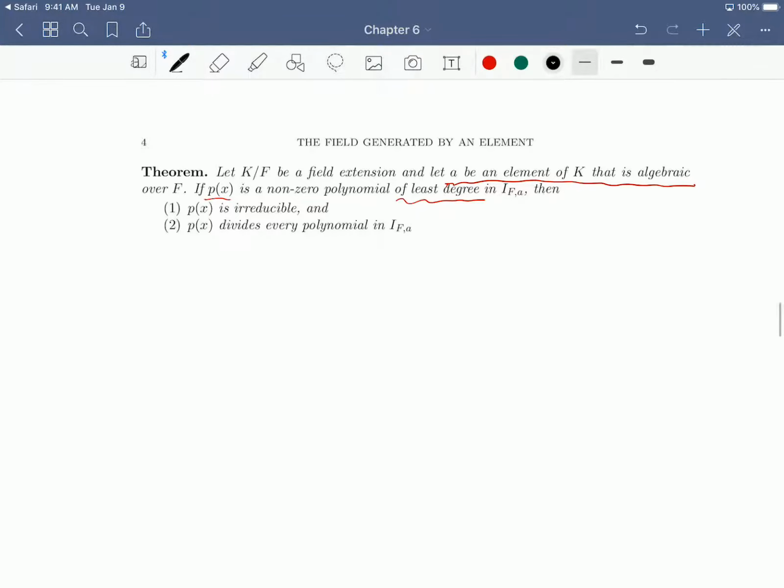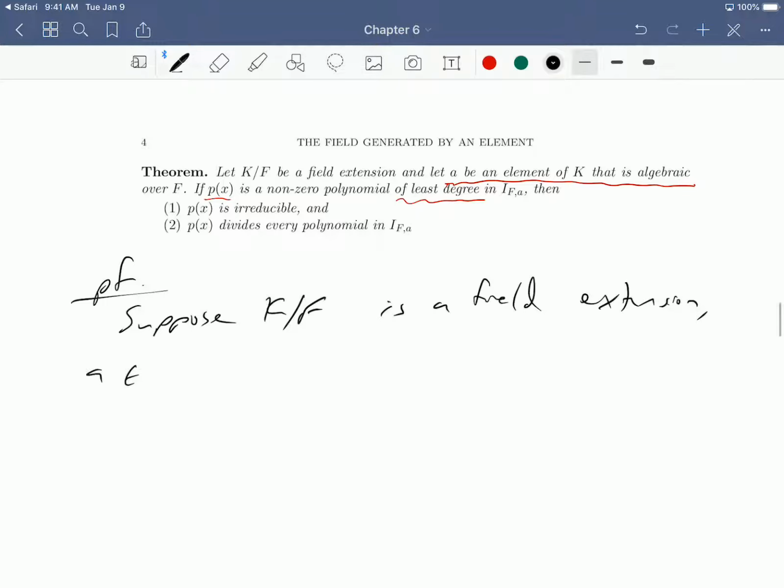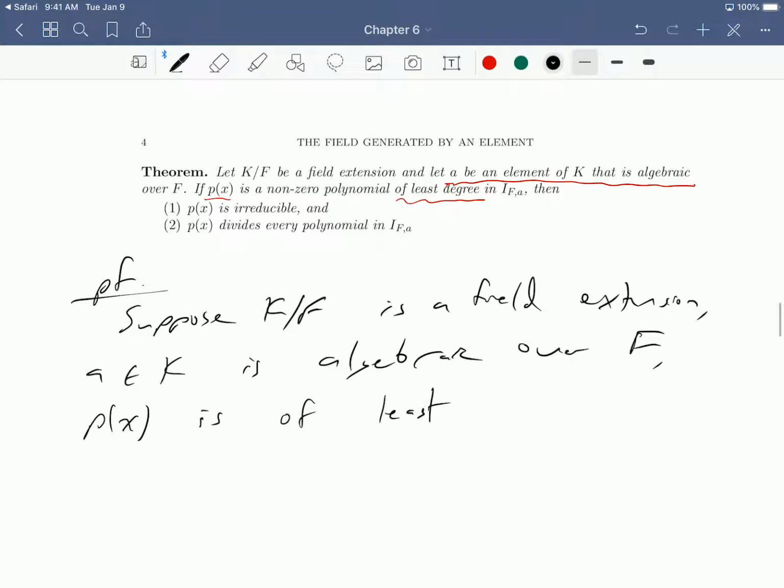All right, so let's see what we can do for our proof. We're going to suppose that K over F is a field extension, that A in K is algebraic over F, and that p of x is of least degree in I_F(A).